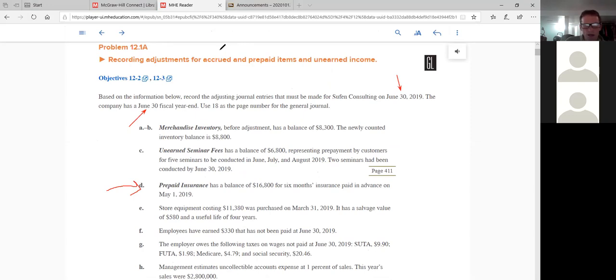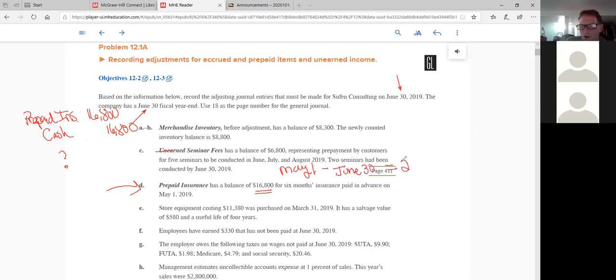It was $16,800, so we would have paid it up front in cash. Then we have to figure out our time period for adjustment, which will be May 1st through June 30th.